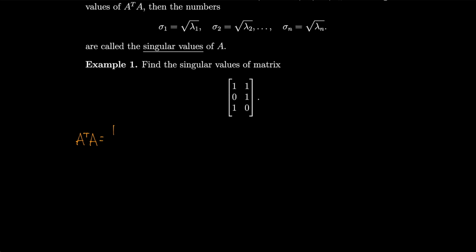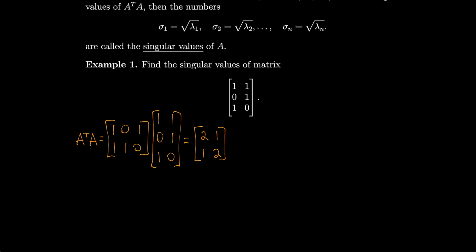So that's equal to 1, 0, 1, 1, 1, 0, times A, which is 1, 1, 0, 1, 1, 0. And we get 2, 1, 1, 2 when we do the multiplication.